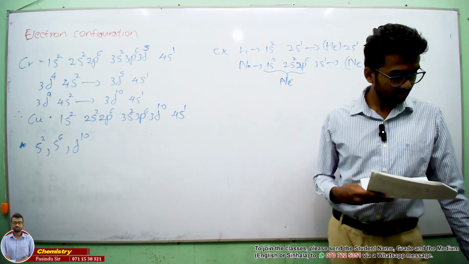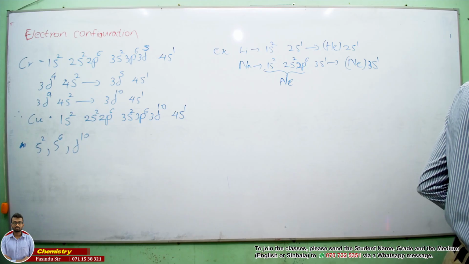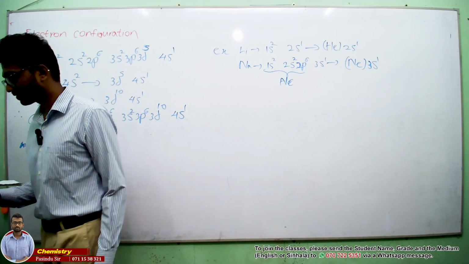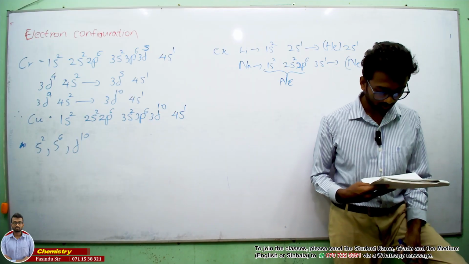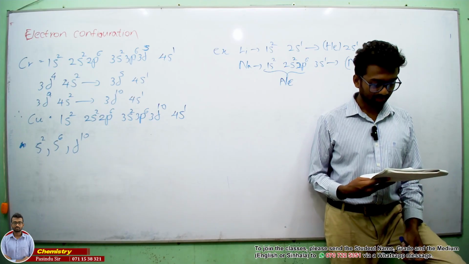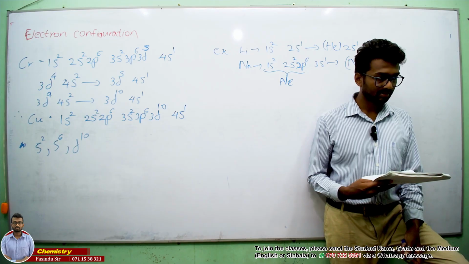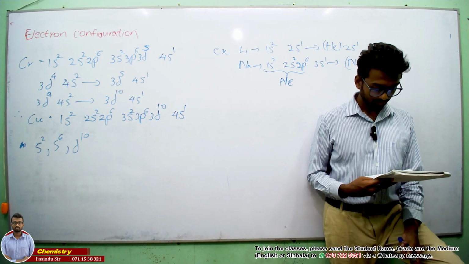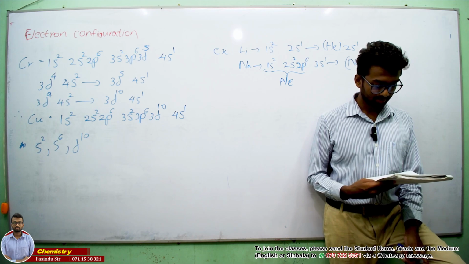The electron configuration of the nearest noble gas element of lower atomic number is represented by its chemical symbol in brackets.